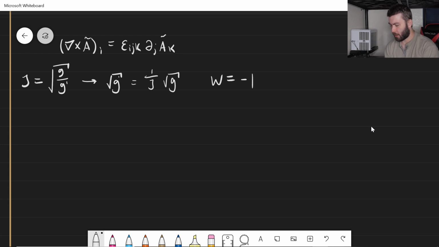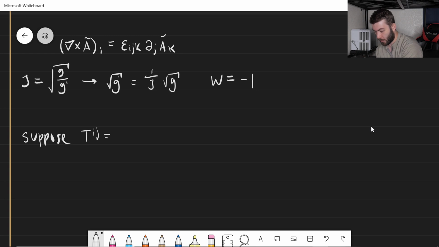Now, why does this tensor density stuff need to be discussed? Well, the way that I like to think about it, and this is just a very special case, so don't take this as across the board, but suppose you have a tensor Tij, and it can be expressed in terms of an integral of a tensor density, tau ij, times the integration measure.